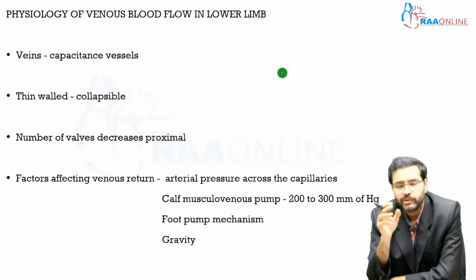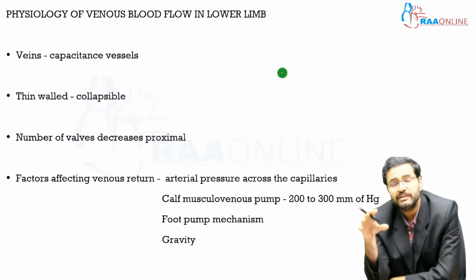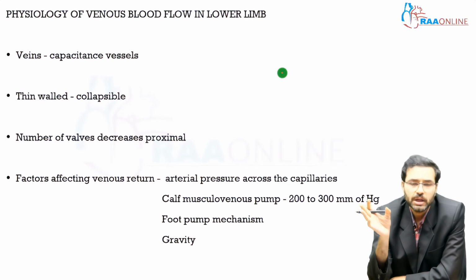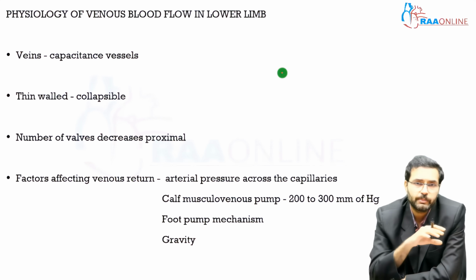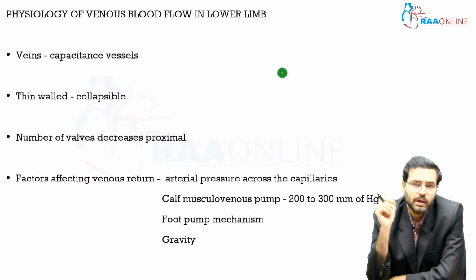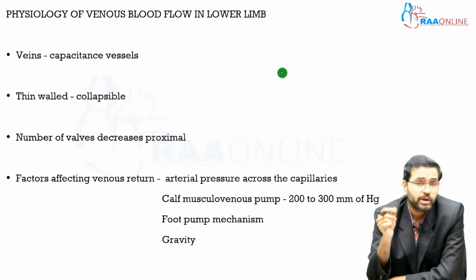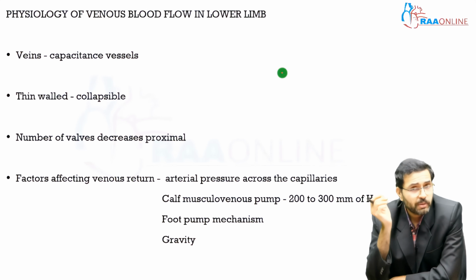An arterial end of a capillary has a pressure as high as 32 millimeters of mercury, whereas at the venous end the pressure is half of that, 16 millimeters of mercury. This pressure difference ensures that blood travels quickly across the capillaries into the veins. So the arterial pressure across the capillaries plays a very important role in affecting venous return from the lower limb.